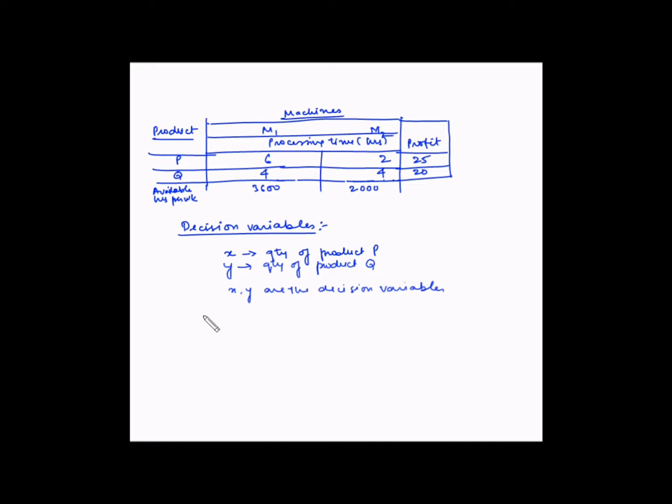Now the next step is to note down the objective function. Now the objective here is to find out the quantity of each product to be manufactured in order to maximize the profit. So our objective function is to maximize the profit. So let's assume that P is the profit.